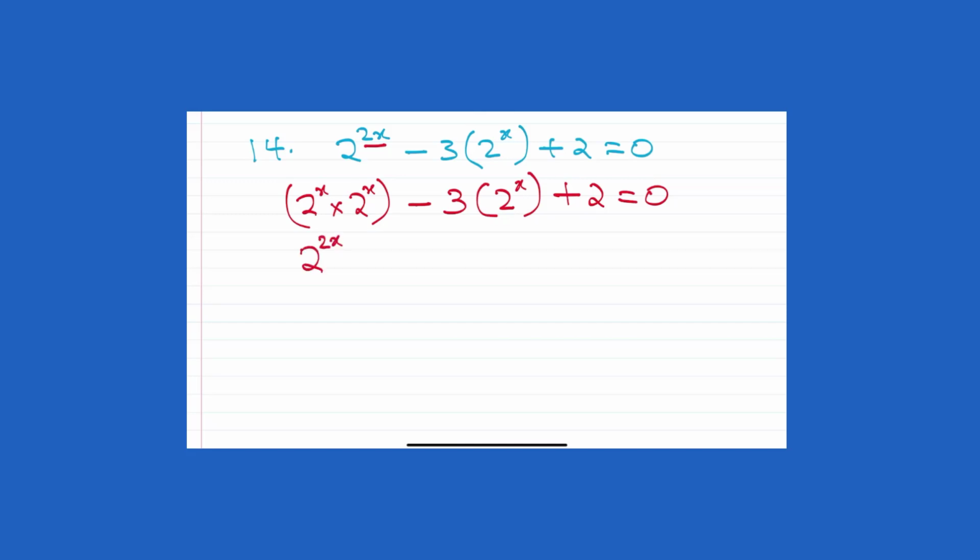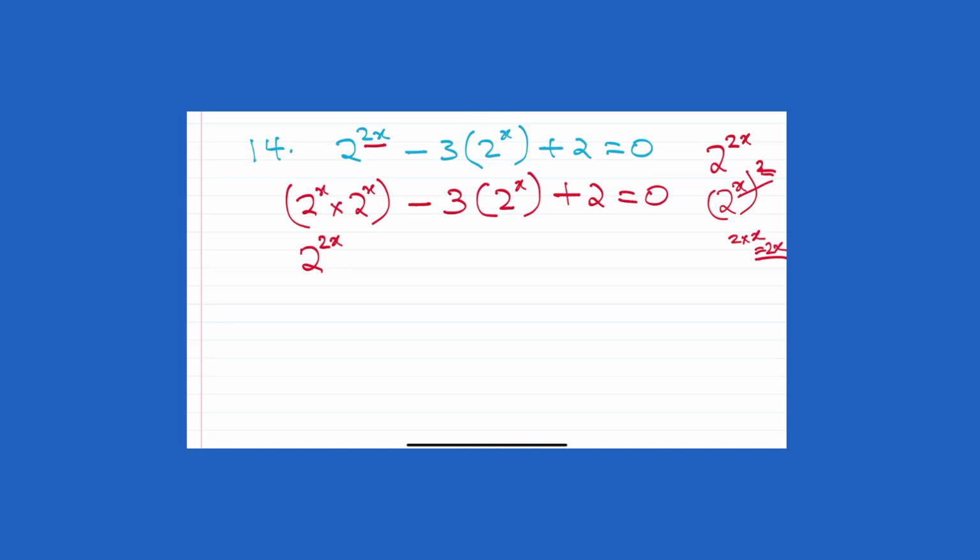We have 2x. So this 2 to the power of 2x can be rewritten as 2 to the power of x, all to the power of 2. Remember, 2 times x is equal to 2x. Associative and commutative law, so we can apply it here.